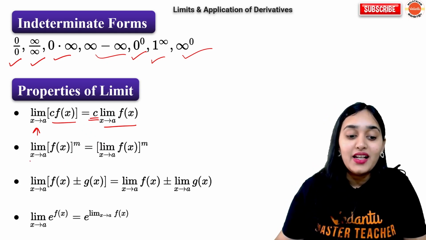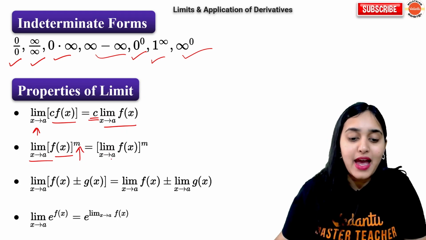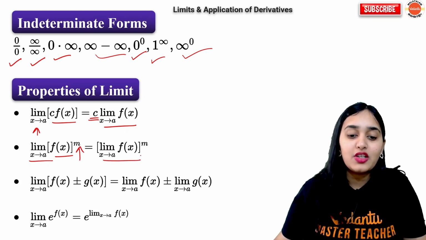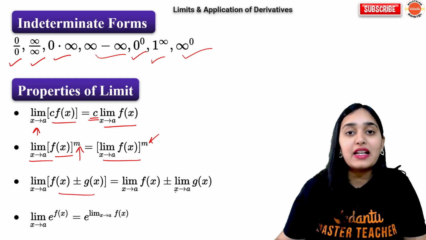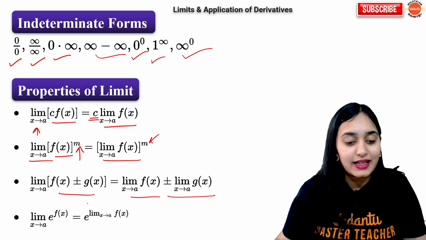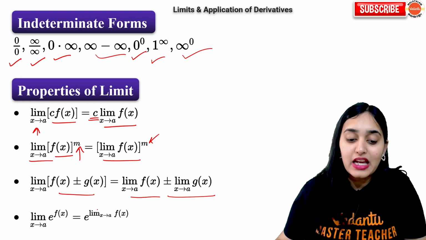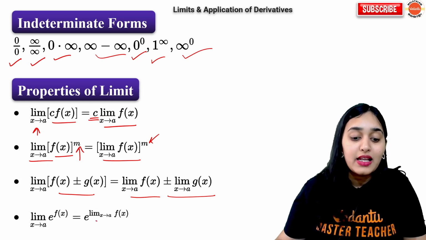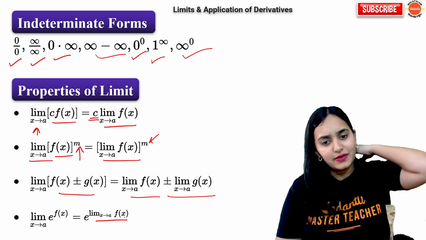Now, similarly, limit applied to a function to the power m is the same as limit applied to the function and then raised to the power m. Limit of f(x) plus minus g(x) is limit of f(x) plus minus limit of g(x). Limit of e to the power f(x) is e to the power limit of f(x), because limit is only applied to the function, not applied to e, so it's one and the same thing, right?